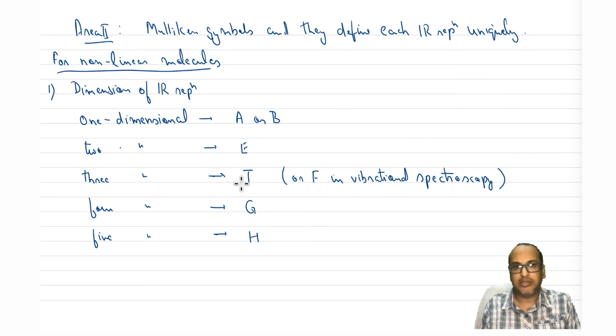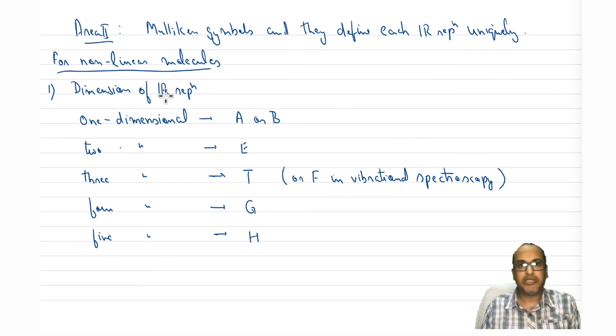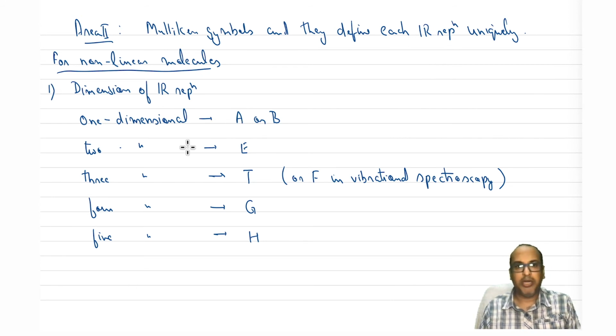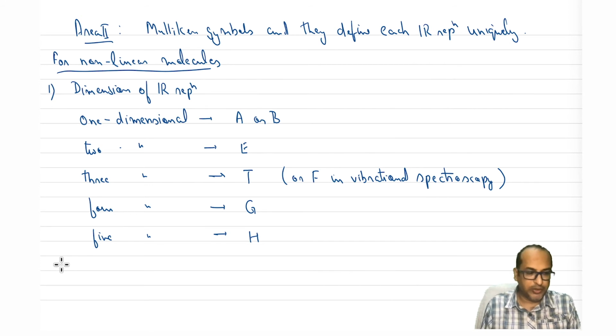For completeness, this is the complete set of nomenclature. So the dimension of the IR representation defines the symbol: A or B for 1, E for 2, T for 3, and so on. 4 is G, and 5 is H.